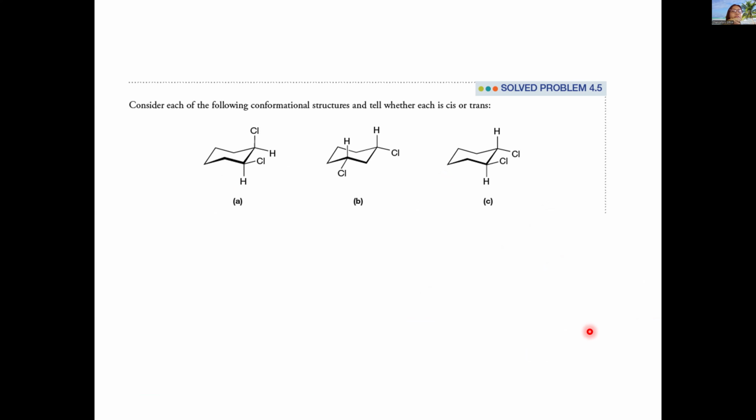Consider each of the following conformational structures and tell whether each is cis or trans. Letter A is cis or trans? Cis.